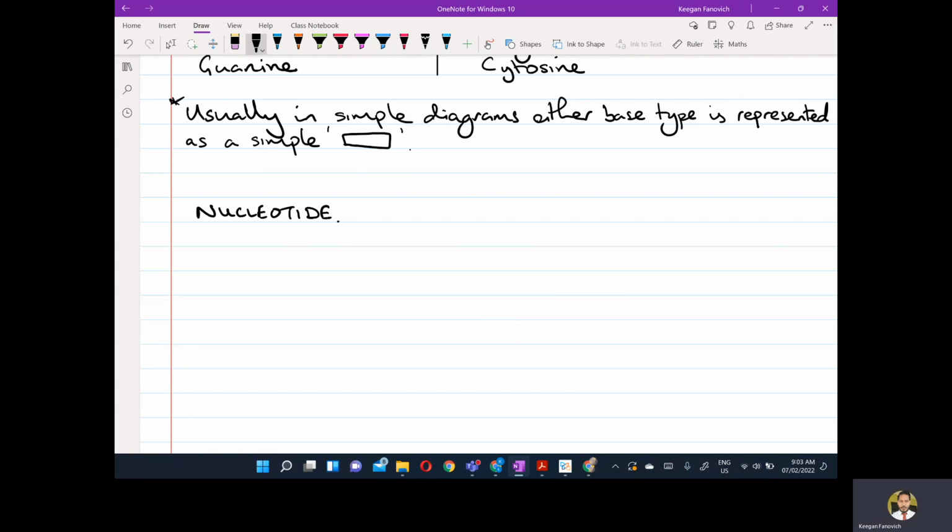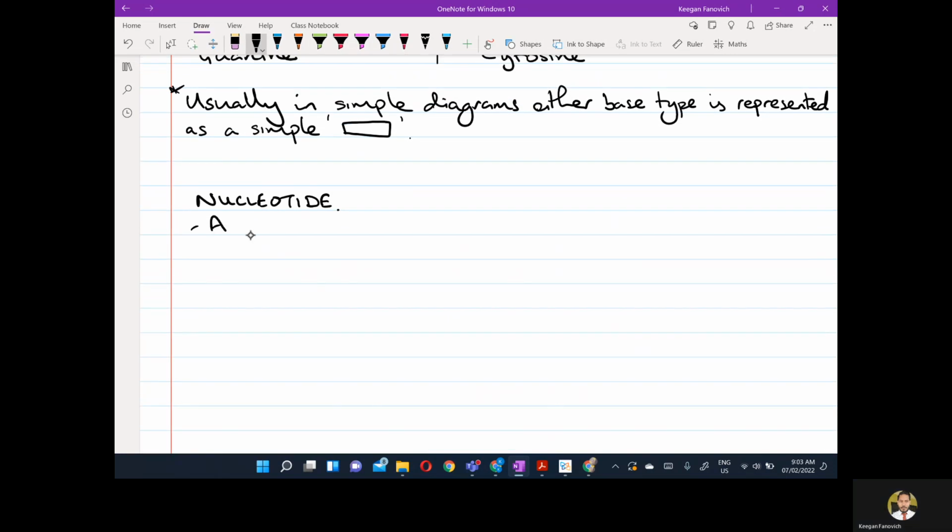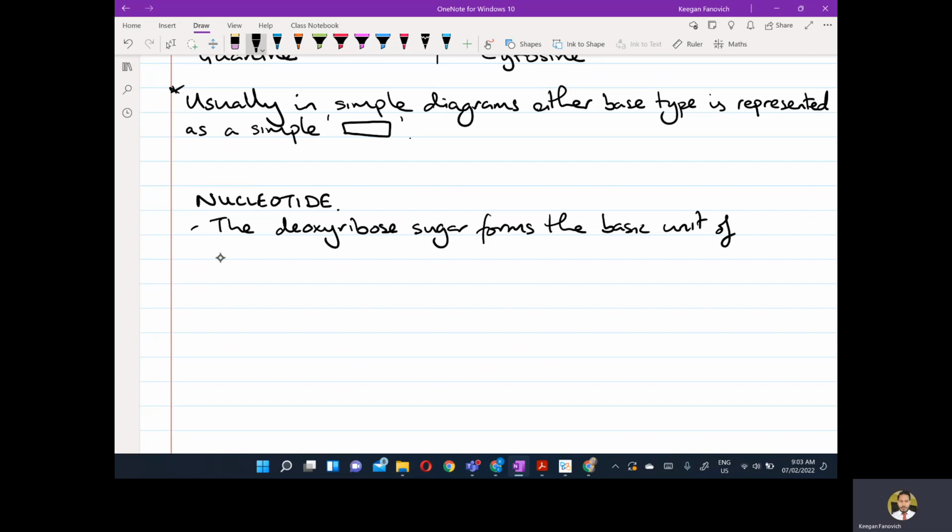So for the nucleotide, the deoxyribose sugar forms the basic unit to which everything attaches or bonds, right?